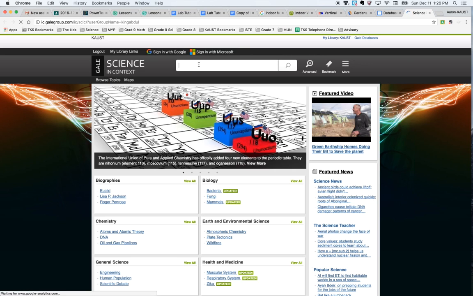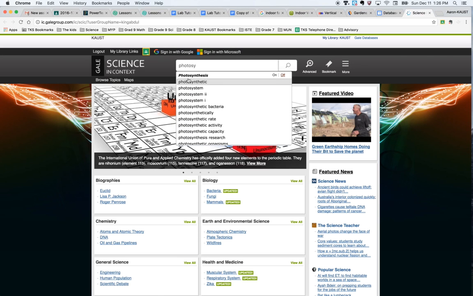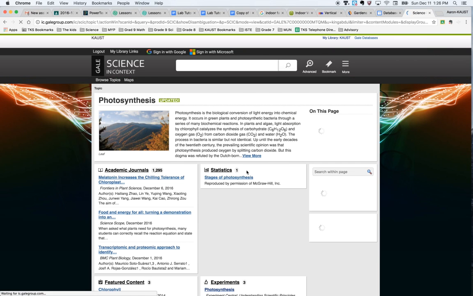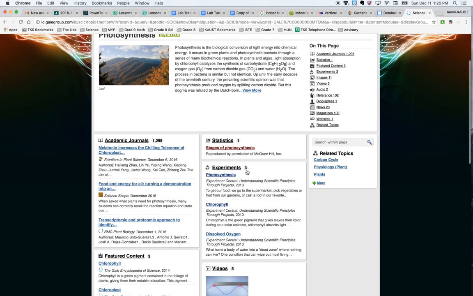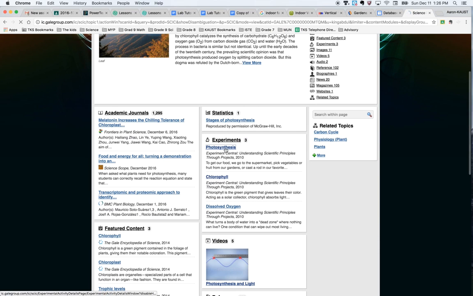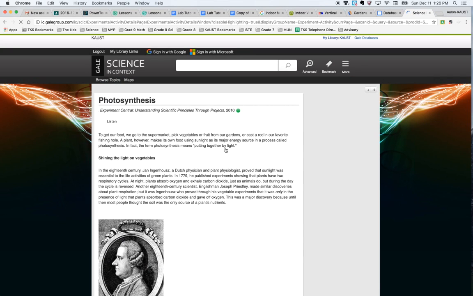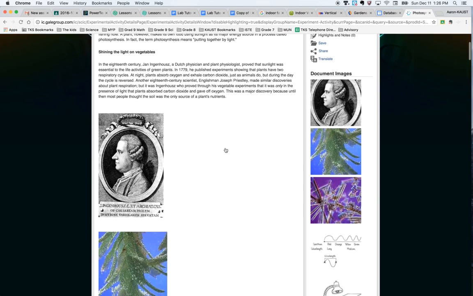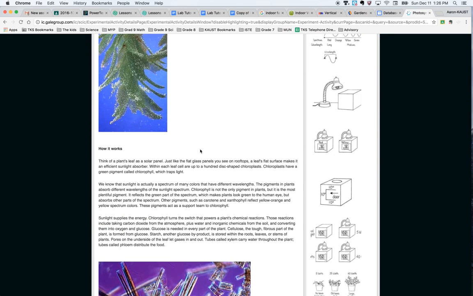It looks like another experiment on the same page is right here, on photosynthesis. So this also looks like it was going to give us some information. This could be another source that I use.